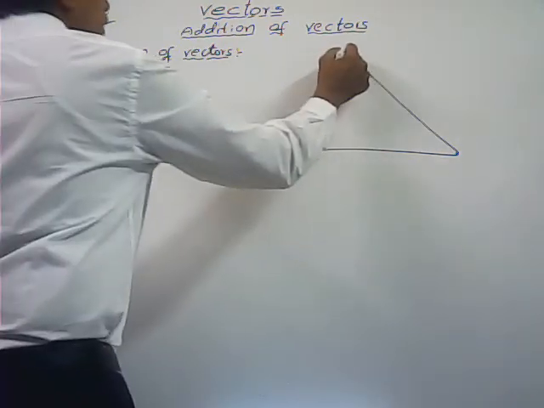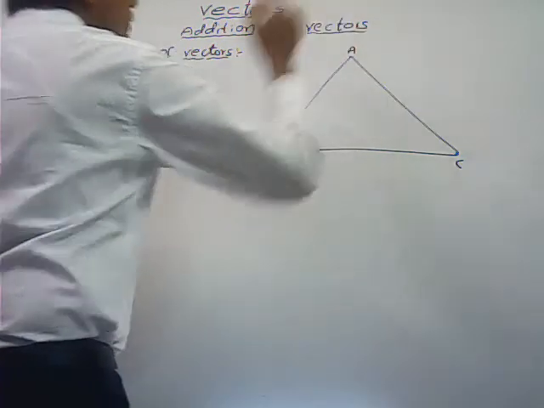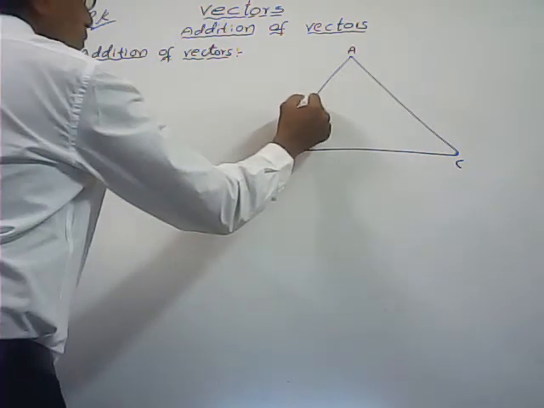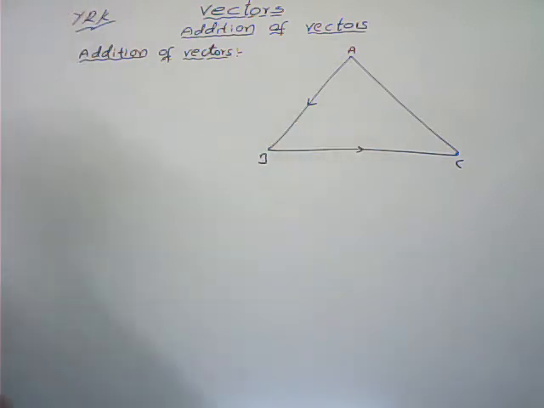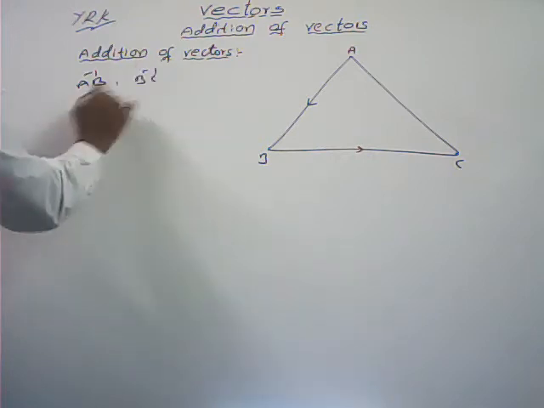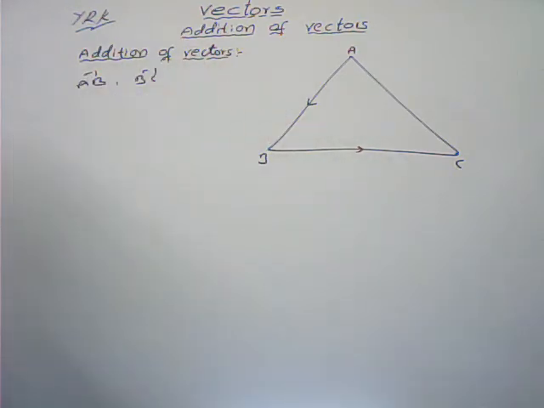Here I am taking A, B, C. These are the vertices of a triangle. And two vectors representing two sides of a triangle in one order, AB bar, comma BC bar. These are the two vectors representing two sides of a triangle in one order.